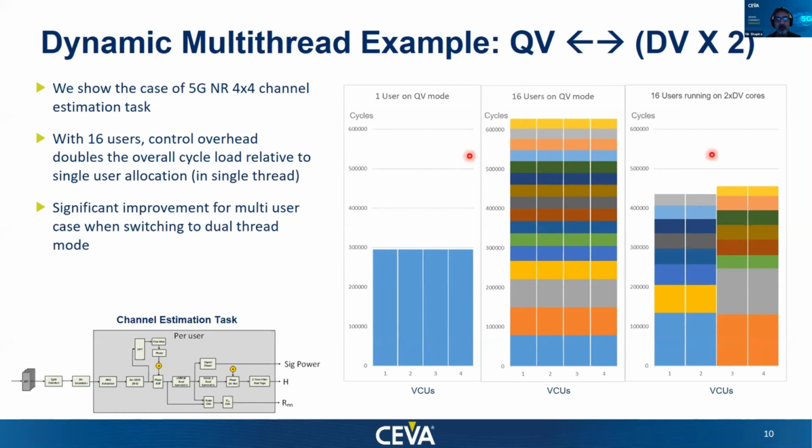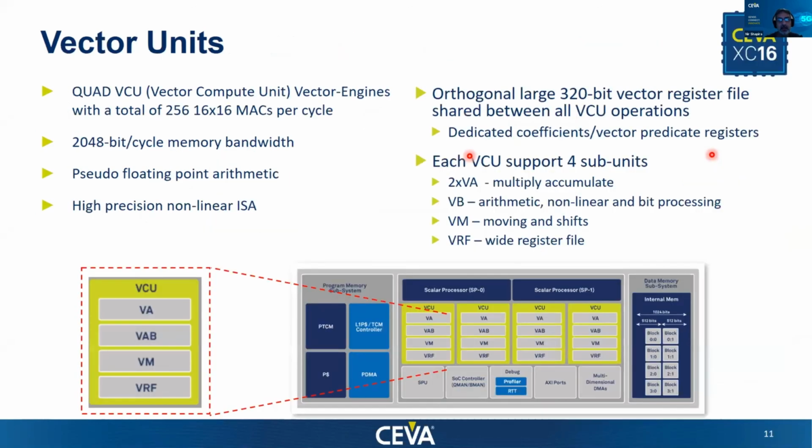We run the exact same code. We don't change anything else. And as you can see, all the overheads from the control code drop significantly, as now they are shared by more than one execution unit. So this is very powerful for all sorts of multi-user use cases.